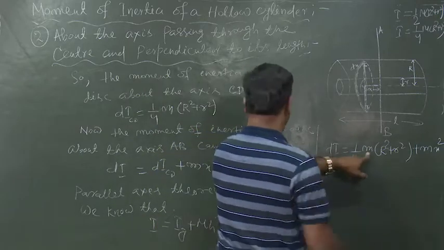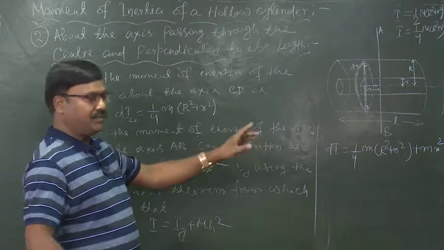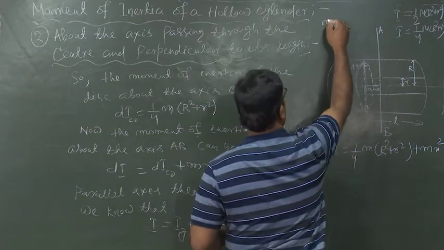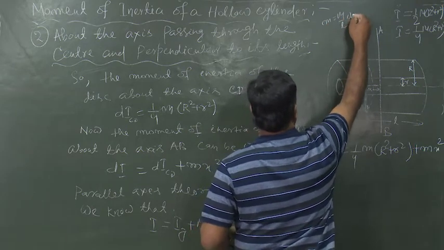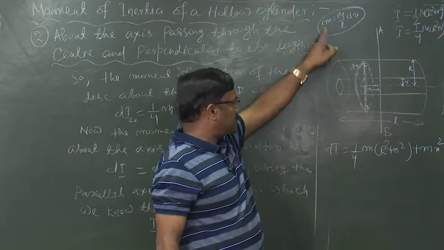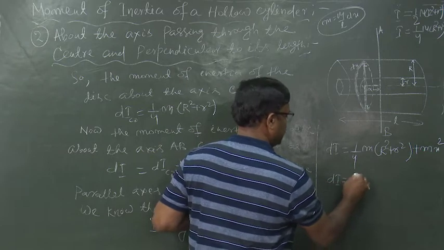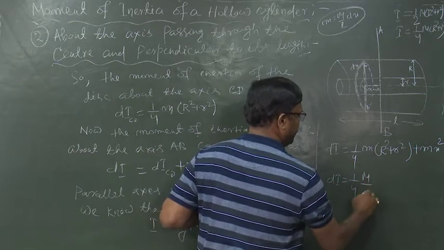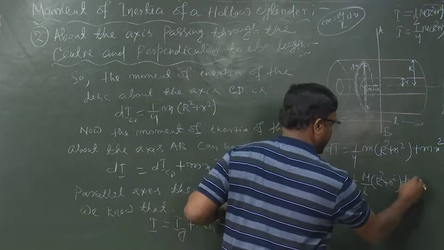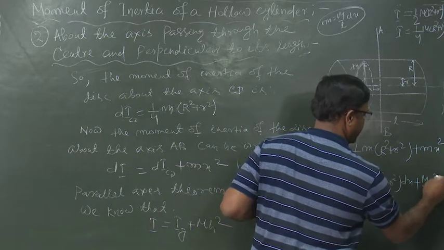But the mass of this disc is already calculated as m is equal to M by L dx. It was calculated previously. So, by putting the value of small m here, we can write dI is equal to 1 by 4 M by L into r square plus r square into dx plus M by L x square dx.